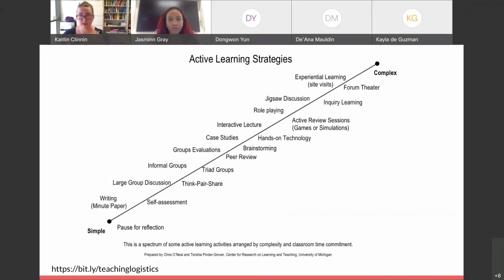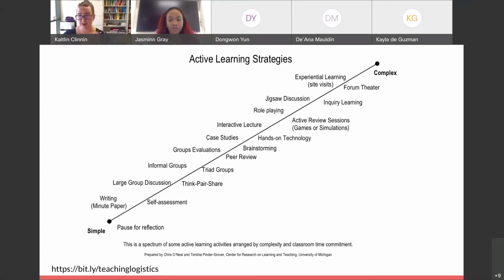And some of these active learning strategies will work better in particular disciplines or in particular delivery methods or with as much time as you have. But don't feel like you're always limited to the same type of active learning strategy. I know that was a question that came up last week during our session, just that the instructor felt like they were always defaulting to the same sort of activities.